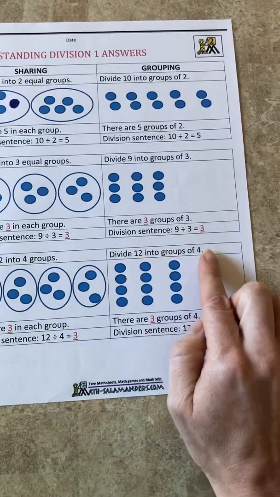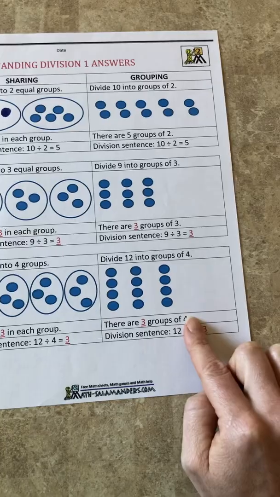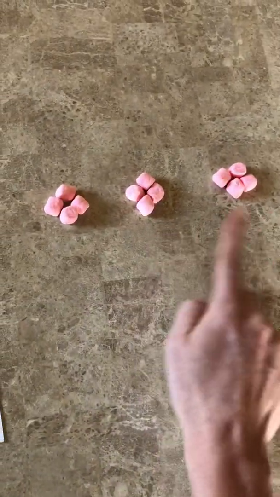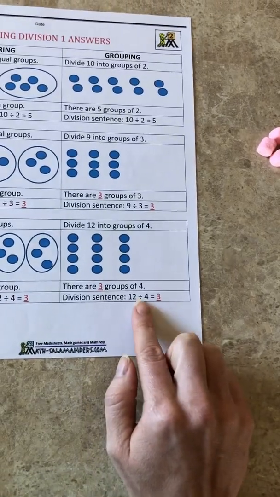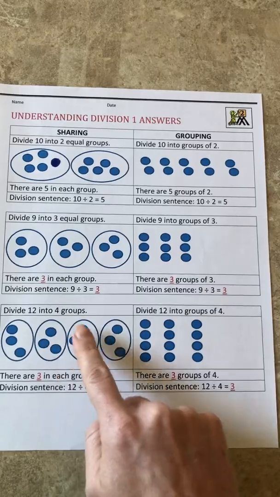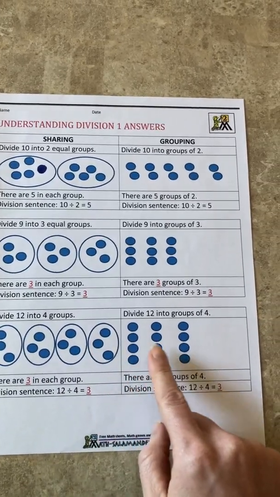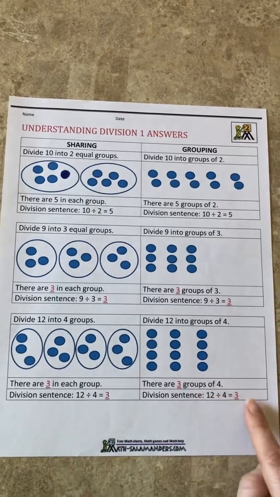So divide 12 into groups of 4, that's what we did. There are 3 groups of 4. And the same division sentence, 12 divided by 4 equals 3. So you can see here, 4 groups of 3 or 3 groups of 4, and both can be used to show that division sentence.